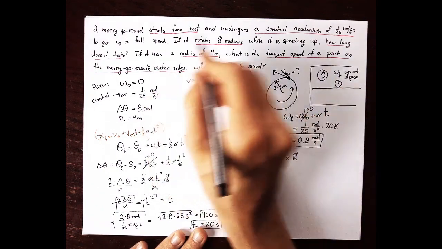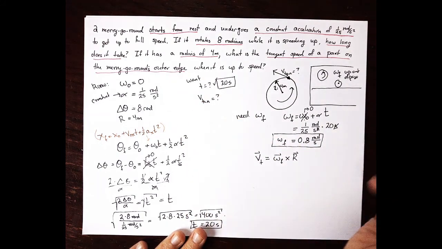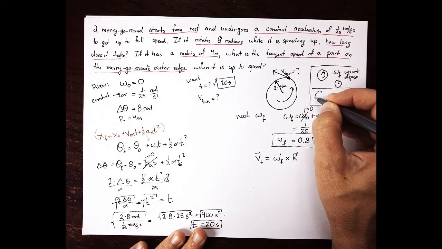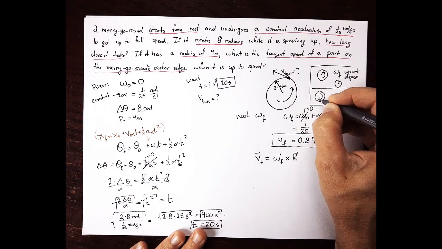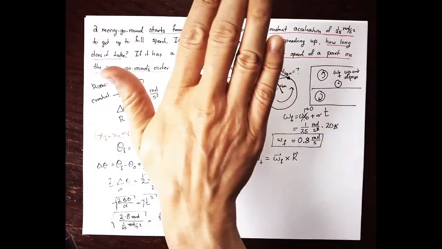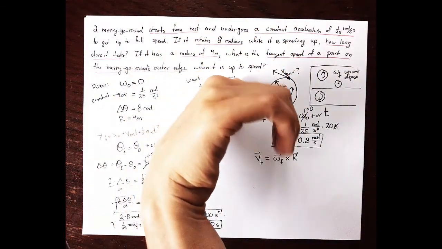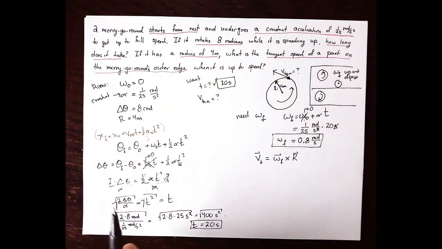Of course, nothing in the problem told us that omega was going this way. We were just given magnitudes, not directions. So I suppose it's possible that instead the merry-go-round goes the other way, like this. And if that was the case, well, then we take our right hand again, and we're going to now curl our fingers with the motion like this, and our thumb's pointing down now, so into the page.